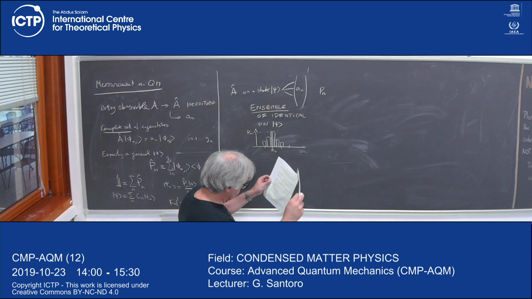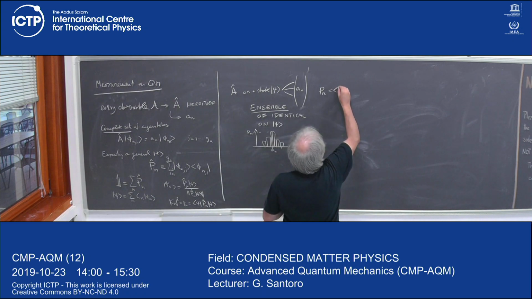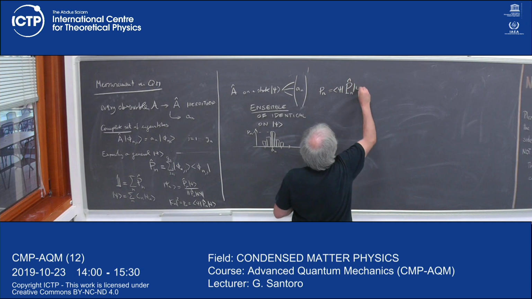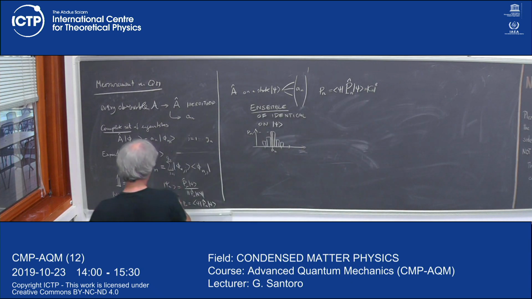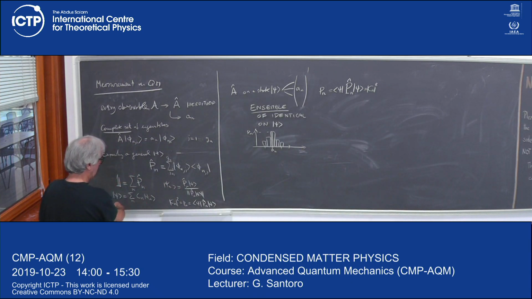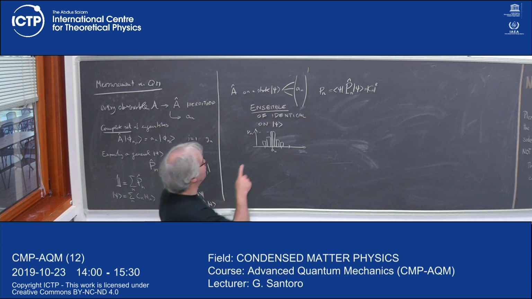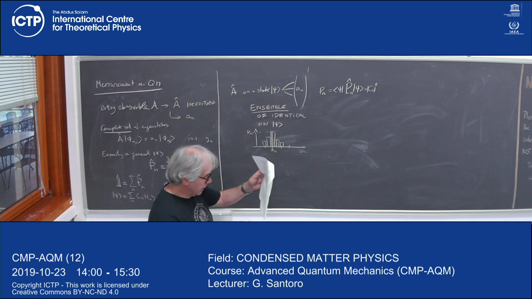And needless to say, it's exactly equal to the expression I gave you before. So this object, the Cn modulo square, the modulo square of the coefficient of the expansion of the state on the basis of the eigenvalues, is precisely the probability that I will find a given eigenvalue in a set of measurements.